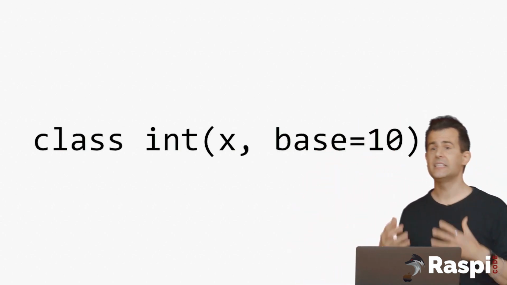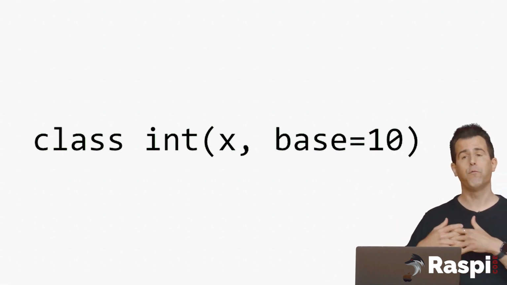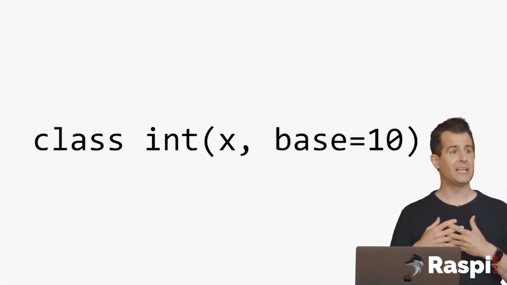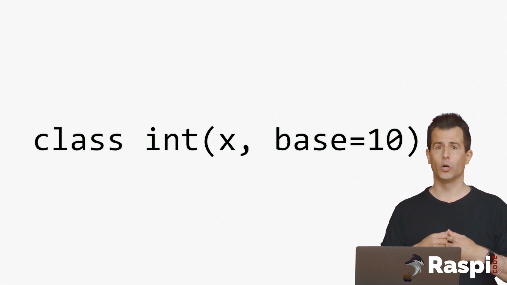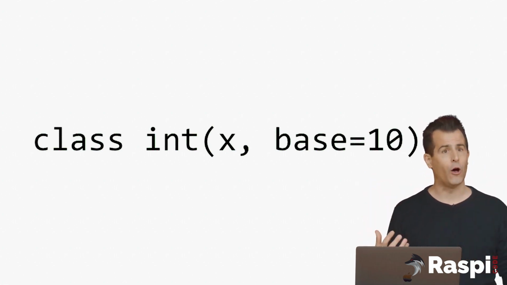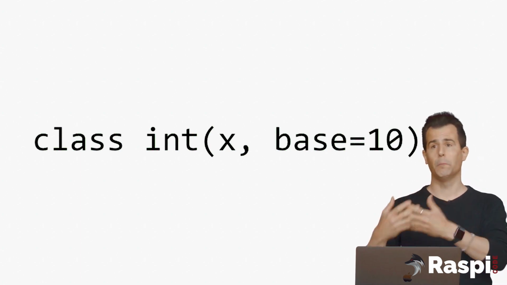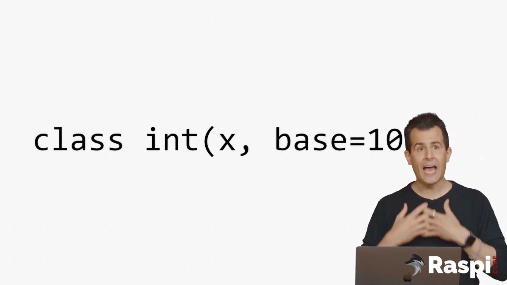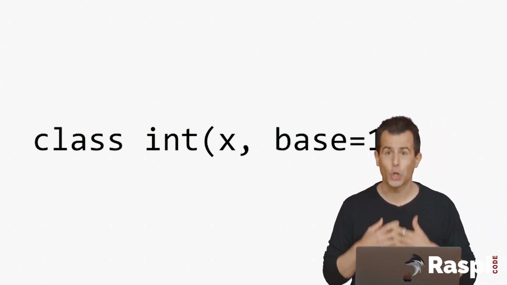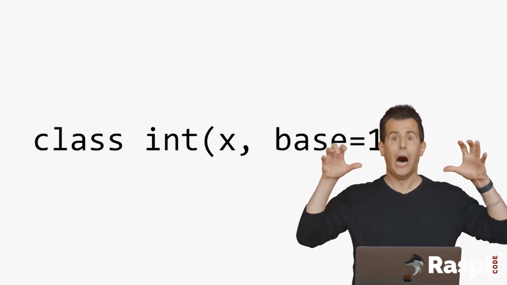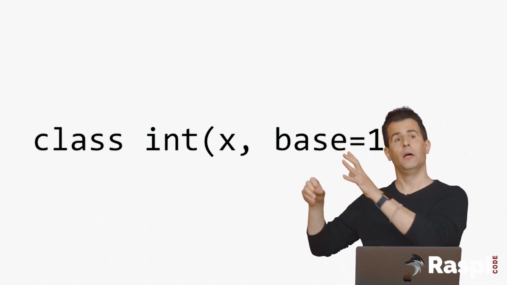And in fact, this is the signature of the constructor call for an int, whereby you pass in x, like a number, "50", or something else. You pass in optionally the base, 10 for decimal, 2 for binary, or anything else. And that int function will actually return to you all this time an object of type int.